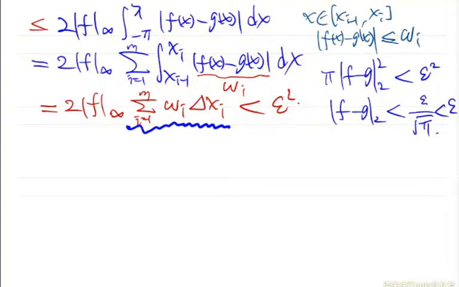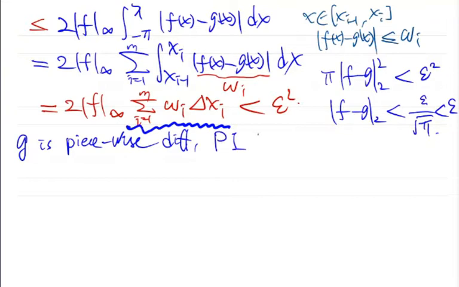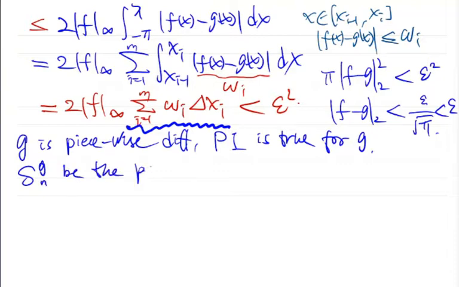So g is piecewise differentiable, actually piecewise linear, so the Parseval identity is true for g. And so let S_n g be the partial sum of g.